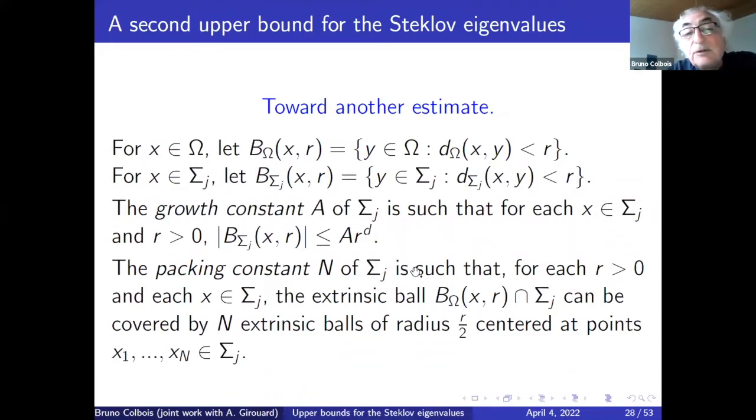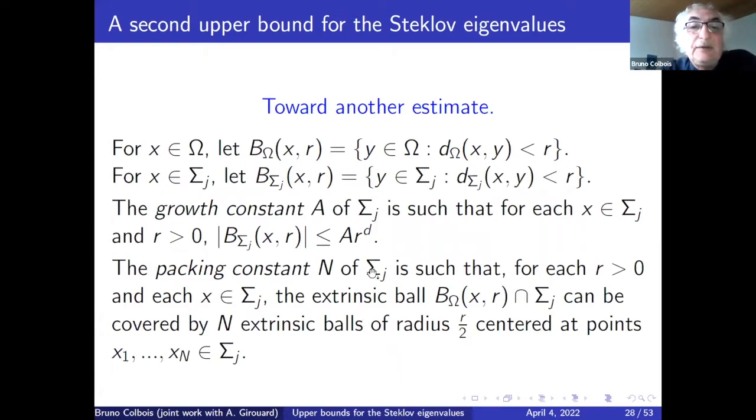And there is another constant which looks similar, which has to do more with the distance. When you have a ball of radius r, it's clear that it's possible to cover this ball of radius r with a certain number of points, but maybe this number may be very large, and you can introduce a constant which allows you to control this number.